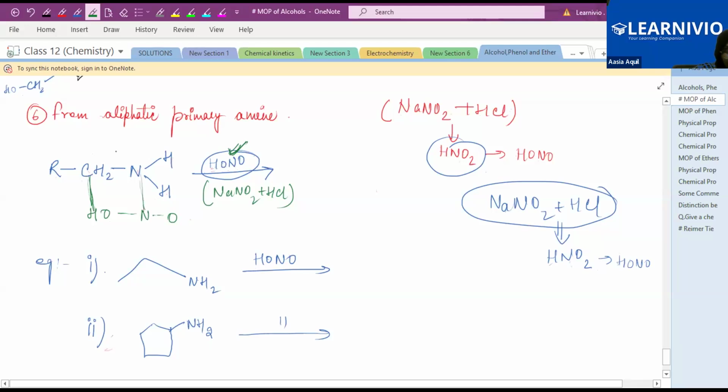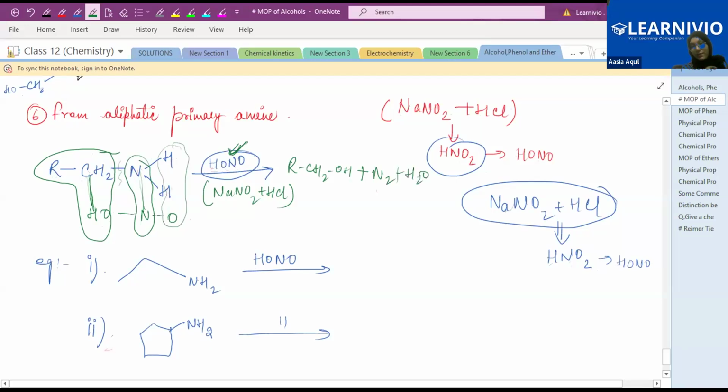This bond between CH2 and nitrogen will break, and you will get the primary alcohol RCH2OH. The OH of nitrous acid gets attached to the carbon. Now N2 gas will be liberated, plus H2O. So that is the mechanism.